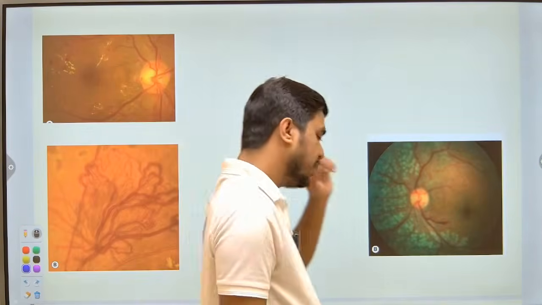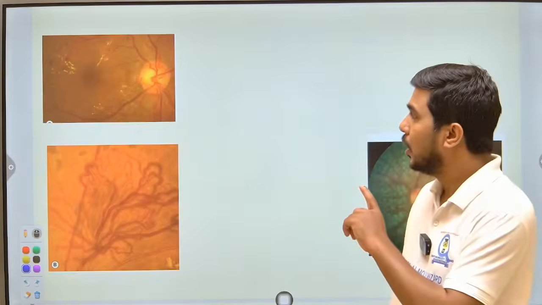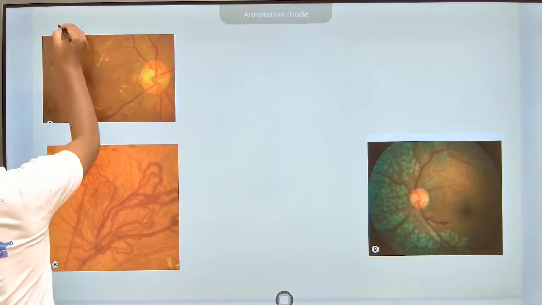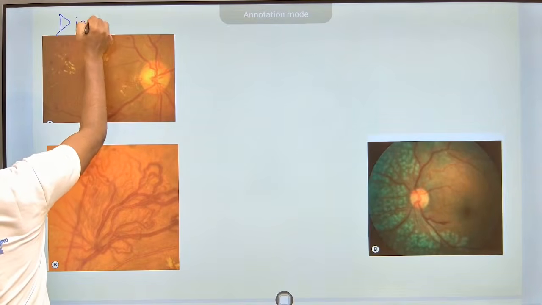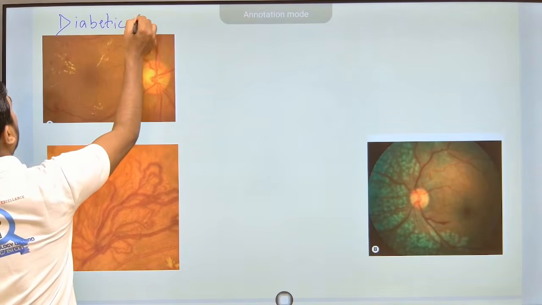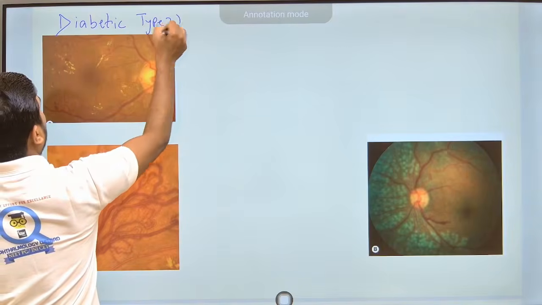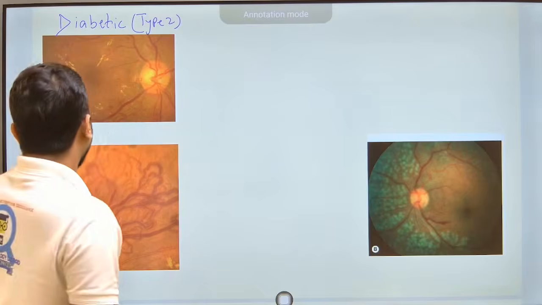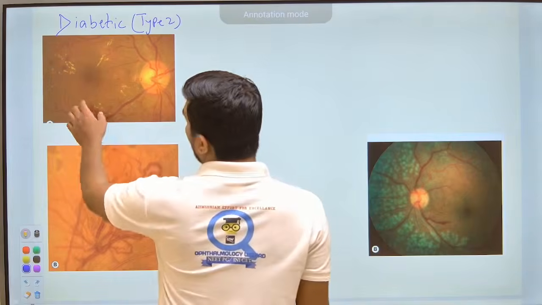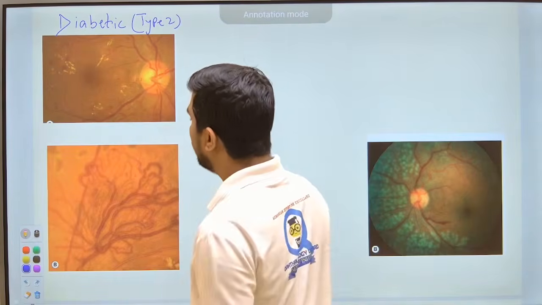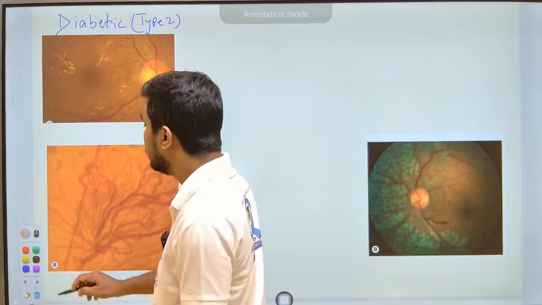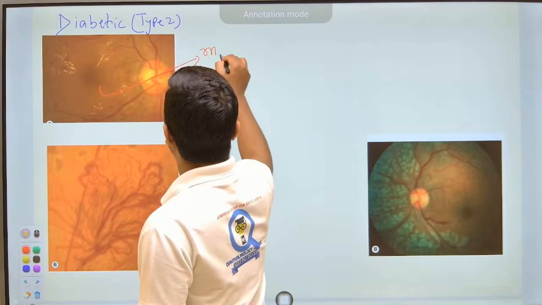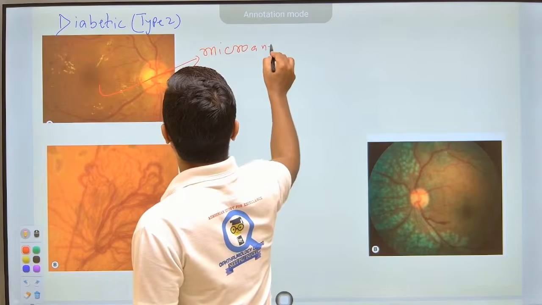Okay, now the fundus photo has been given here. I'm telling you the history. The patient is diabetic, type 2, and the patient presents with this type of picture. If you carefully see, this area is microaneurysm.